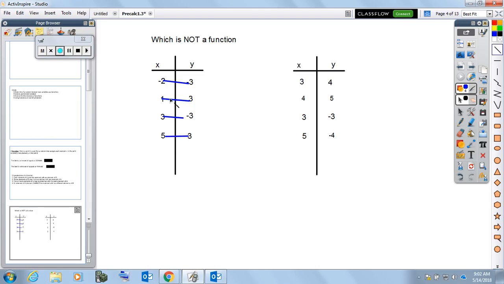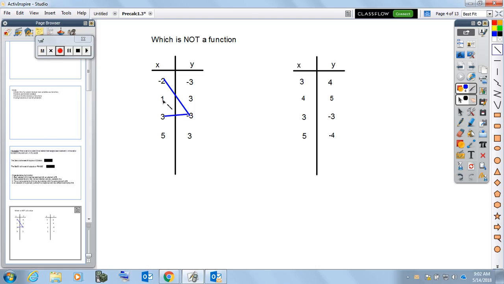We notice that different x values go to the same y value, right? So it is true that both -2 and 3 go to -3. You might sometimes see it written as something more like this, where you only get two of them, so it would have been -2 to -3, and then 3 goes to -3 as well.